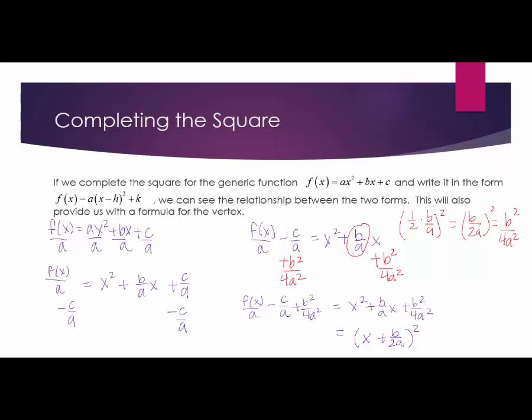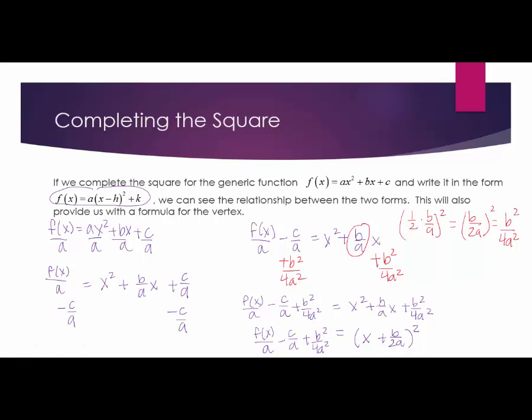I can see if I multiply this out, I'm going to get x squared plus b over a x plus b squared over 4a squared. If you don't believe it, give it a try. On my left-hand side over here, I've got f of x over a minus c over a plus b squared over 4a squared. If I really want to get it in this form, well, so far I know what my h is, don't I? But I need to get f of x by itself again.